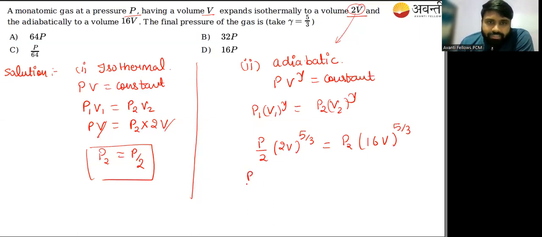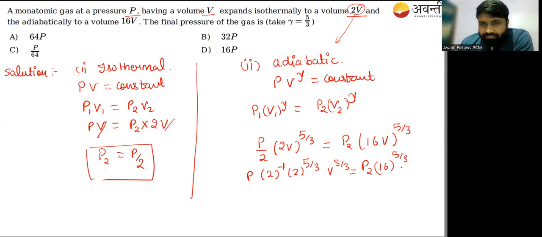So you have P into 2 raised to the power minus 1, 2 raised to the power 5 by 3, V raised to the power 5 by 3, equals P2 into 16 raised to the power 5 by 3 into V raised to the power 5 by 3.